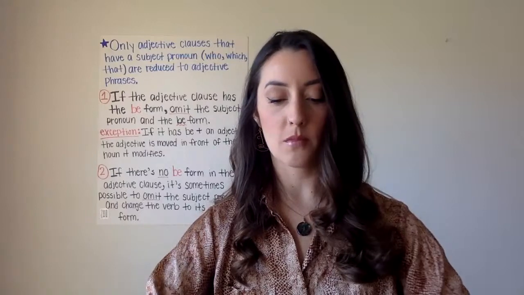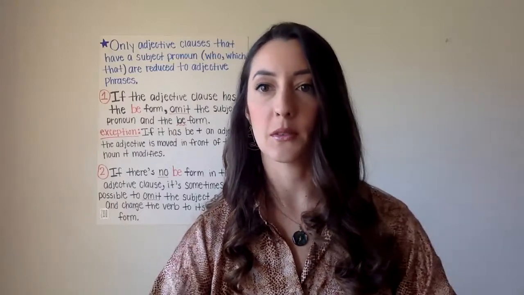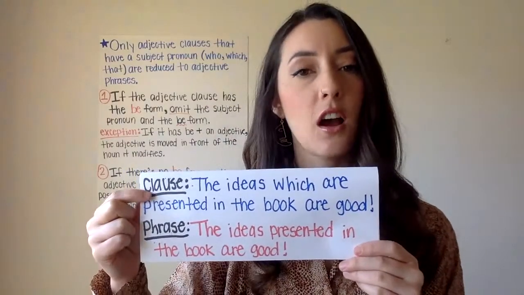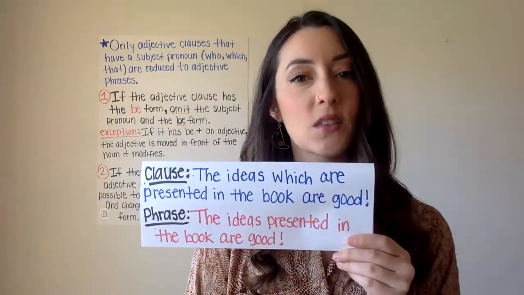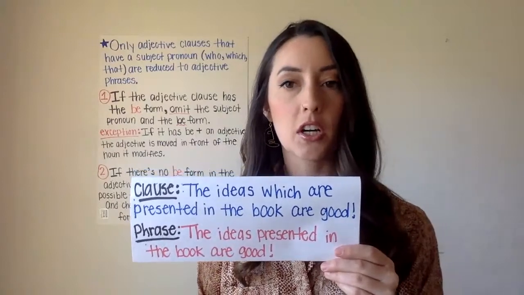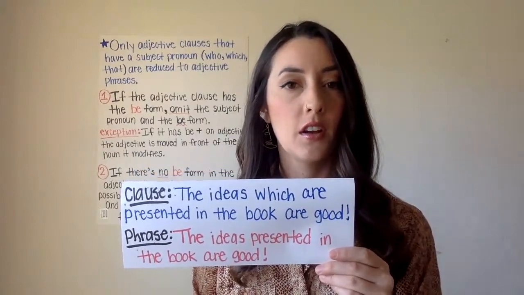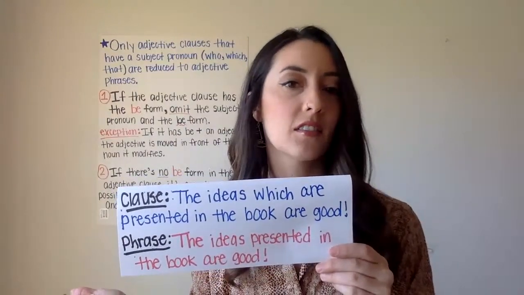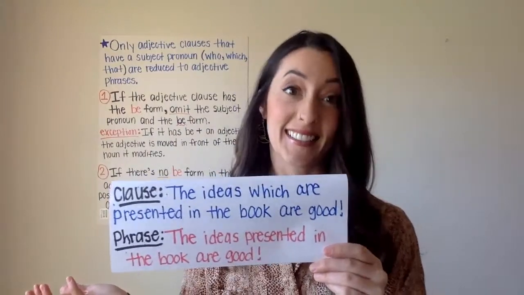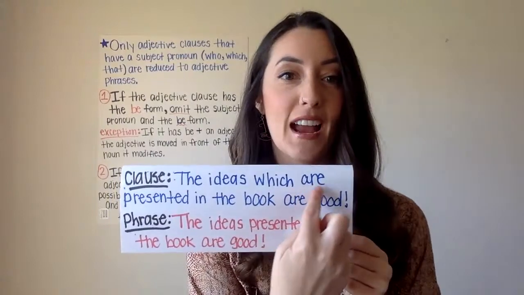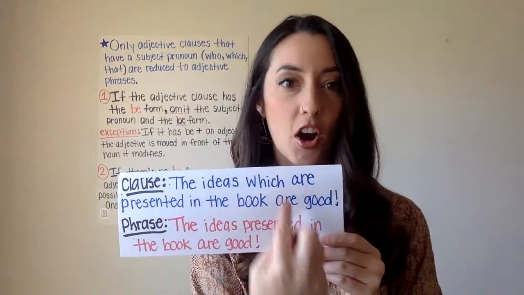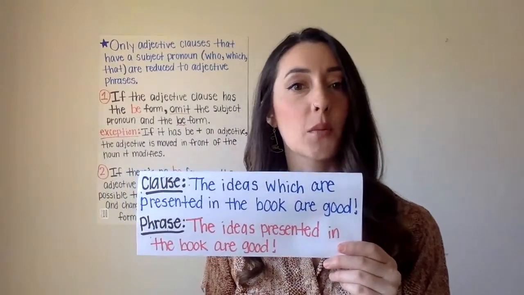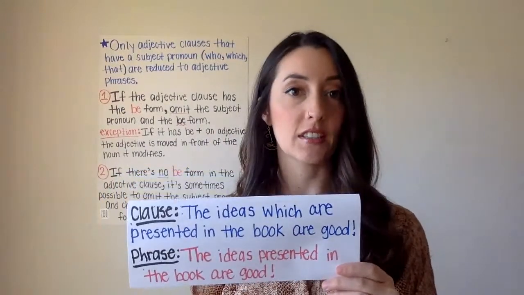Let's look at one more example, and then we're going to practice two of these. Your adjective clause: the ideas which are presented in the book are good. Okay, does this have the verb form of be in it? Yes, it does, right? Right here, are. Are is a form of the verb be. The ideas which are presented in the book are good.